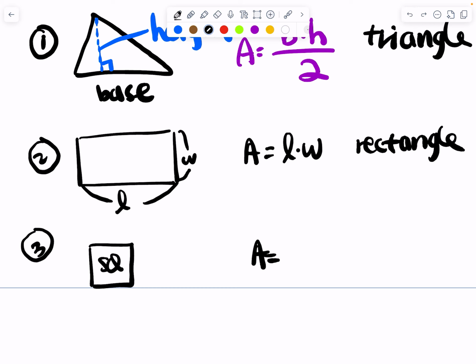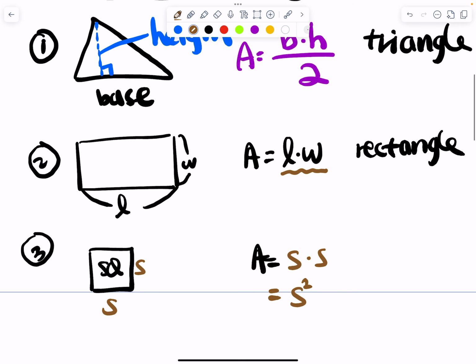Therefore, I'm just going to label this one S and that S. So instead of multiplying length by width, I can just multiply one side by itself, right? Which is the same as, what does it mean to multiply a number by itself? It means to square it. So S squared. That is for square. Okay? That's how you find the area of a square.